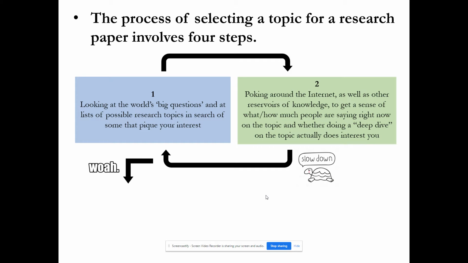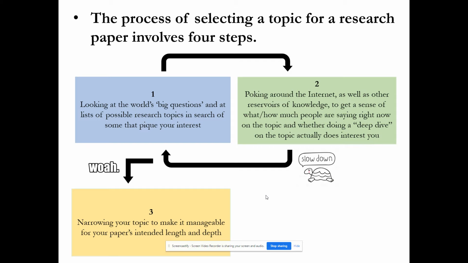It's when that moment happens, right, that you can move forward from step 2 onto step 3, right? And step 3 is taking that little nugget of a topic that really speaks to you and makes you happy and excited, and you need to narrow it down to make it manageable for your paper's intended length and depth.